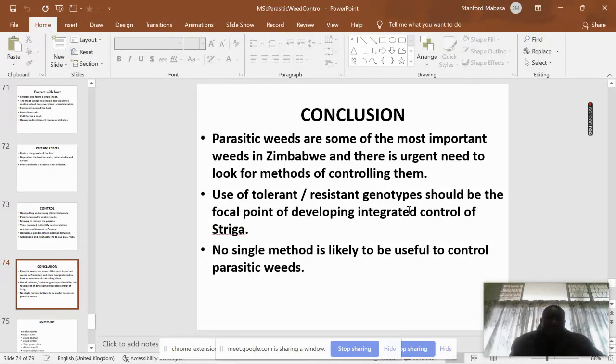There is no single method which is likely to be useful to control the parasitic weeds. So there's a need to pool a lot of methods and develop an integrated approach, probably using the resistant or tolerant genotype as the focal point, because you want to produce a grain yield from the crop.